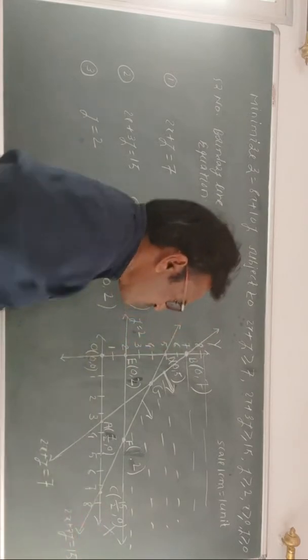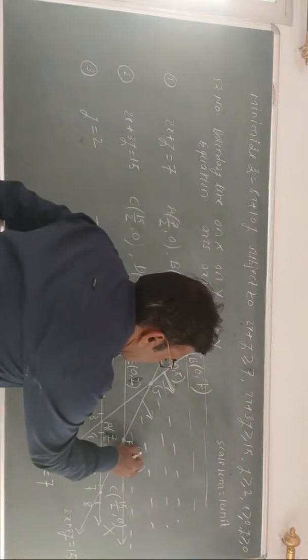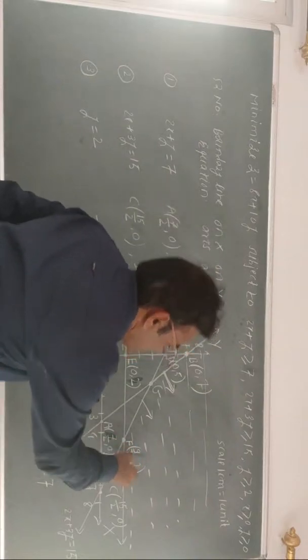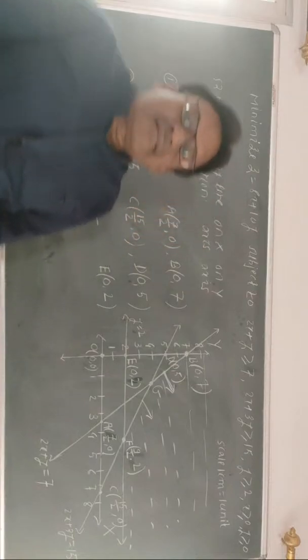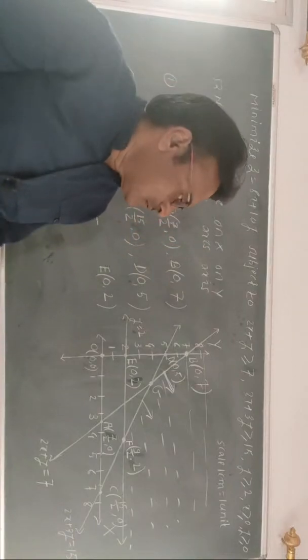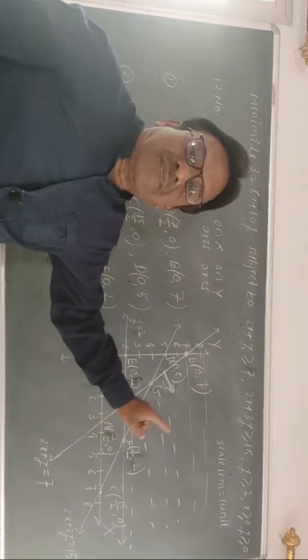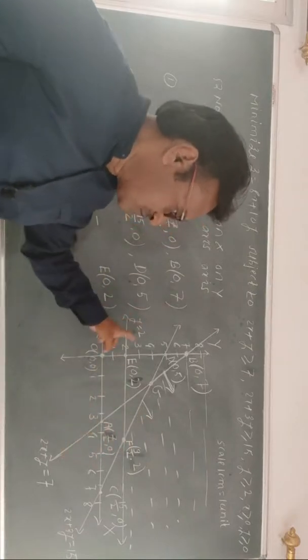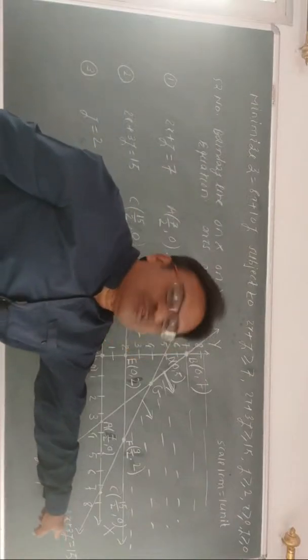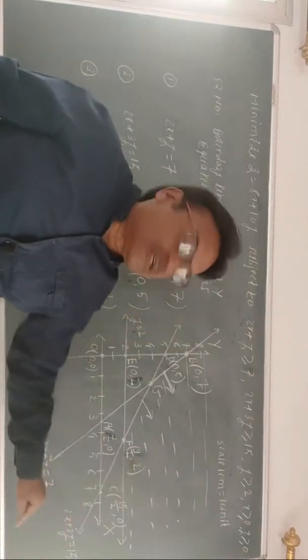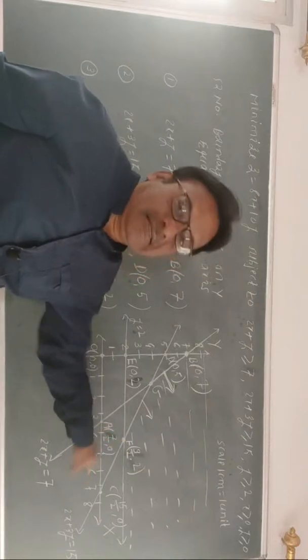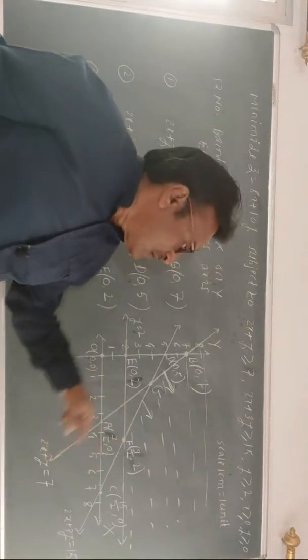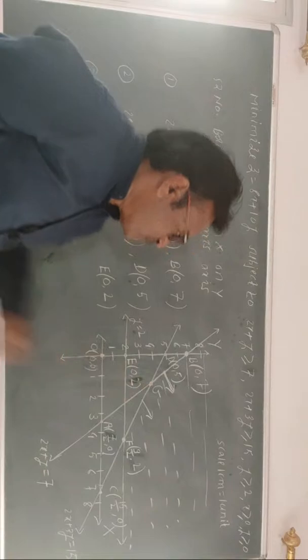Therefore, x equals 9 by 2. So write here 9 by 2. This is the coordinate of the point F. That is, we find the coordinate of the point F by solving two equations, y equals 2 and 2x plus 3y equals 15, because point F is the point of intersection of these two lines. Remember this.